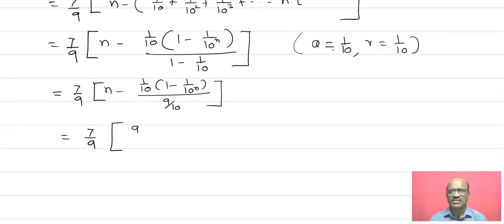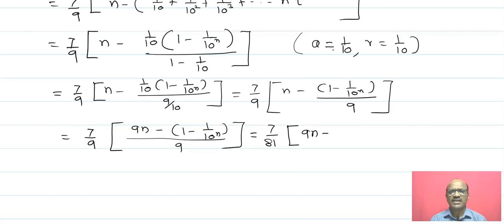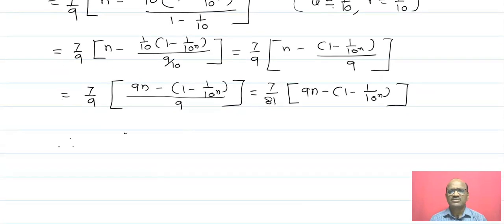That is 7 upon 9, now multiplying by 9, n minus in bracket 1 minus 1 upon 10 raised to n, upon 9, and simplify this. Therefore, we will get 7 upon 81, 9n minus in bracket 1 minus 1 upon 10 raised to n.